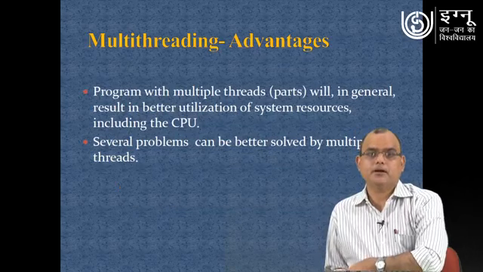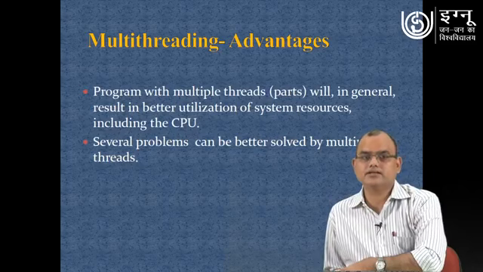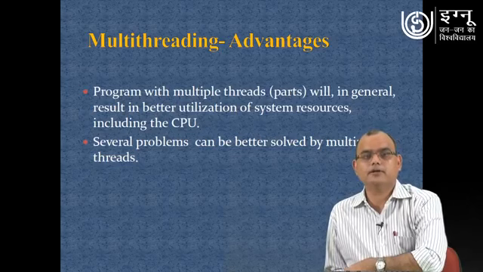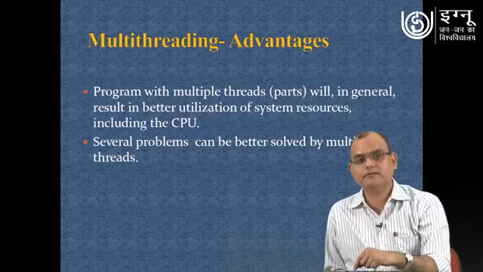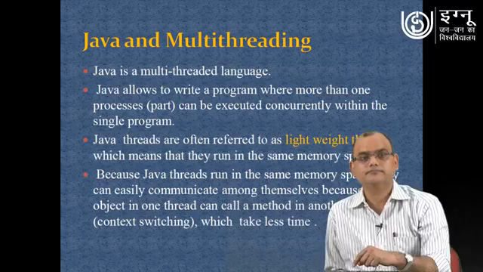Programming with multi-threads will in general result in better utilization of the CPU, and several problems can be solved in a much better way by using multi-threading. We will see a few examples of how we can use the multi-threading concept.